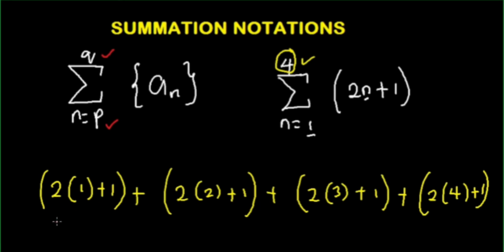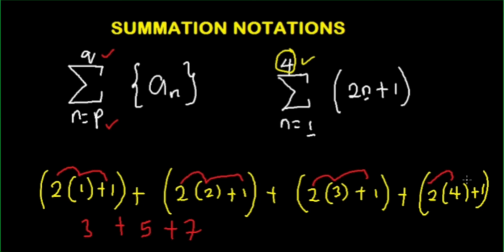So 2 times 1 is 2, 2 plus 1 is 3, so this is 3, plus 2 times 2, which is 4, 4 plus 1 is 5. 2 times 3 is 6, 6 plus 1 is 7. Very simple. Then 2 times 4 is 8, 8 plus 1 is 9.